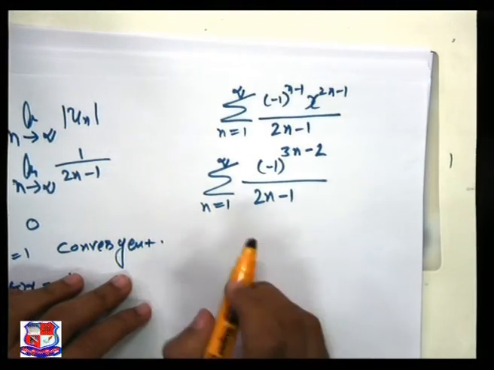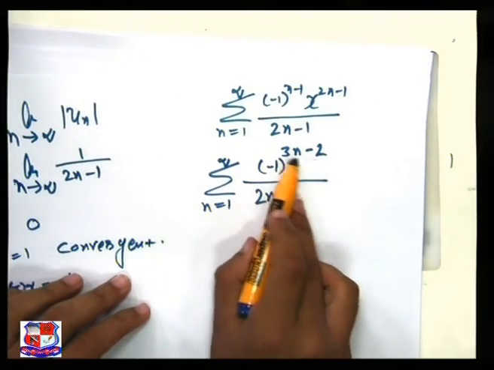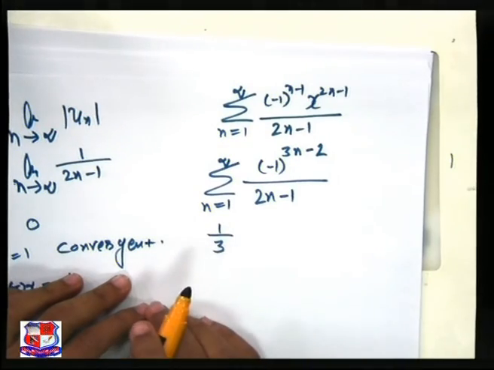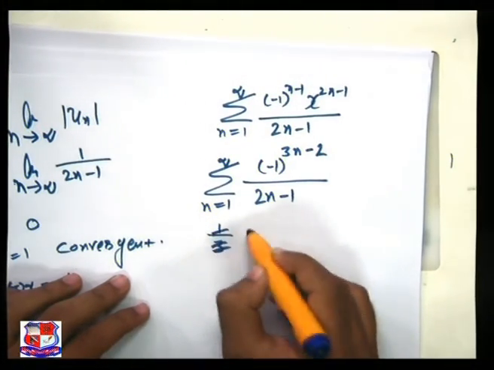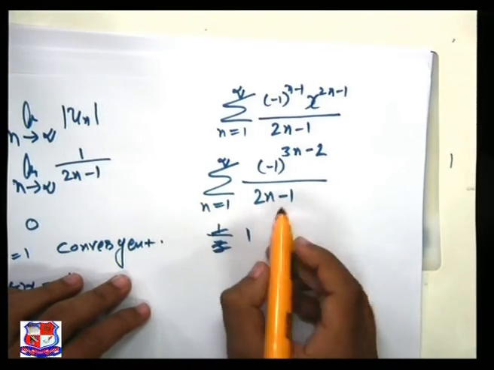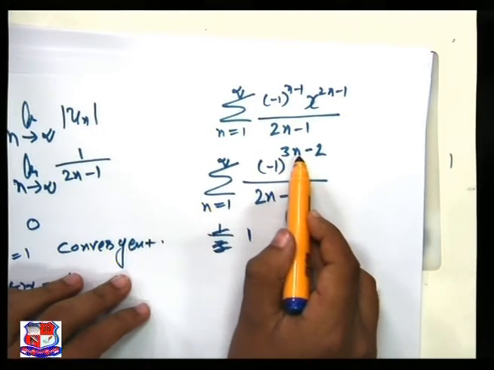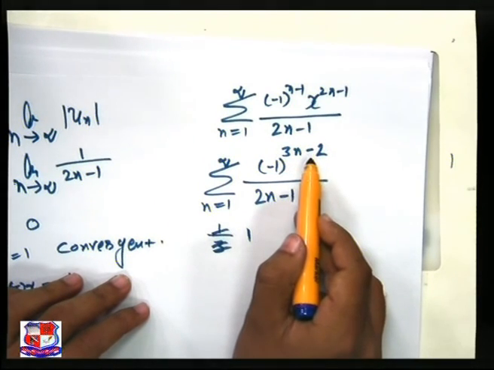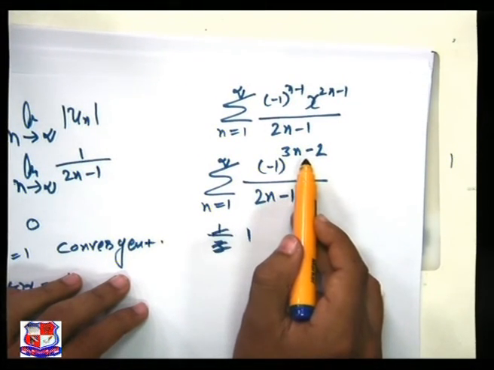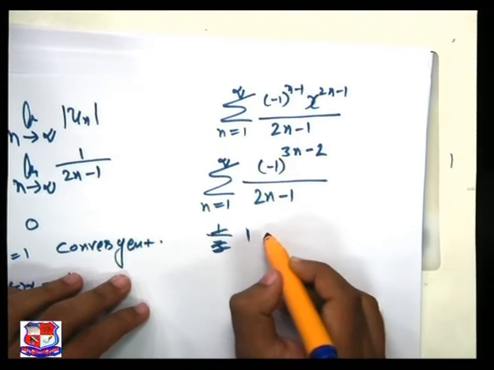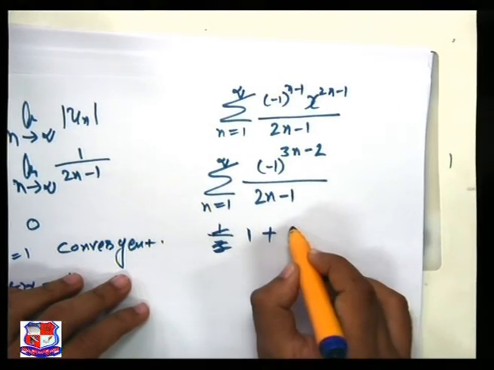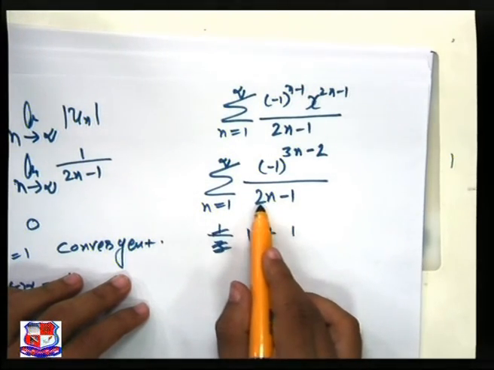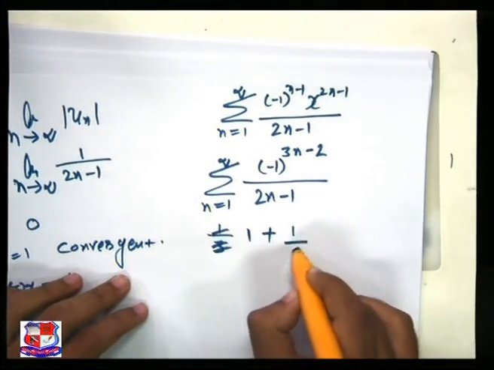Now take n is equal to 1, so you will get 3 minus 2 is 1, so 1 upon 1, the first term is 1. The second term, take n is equal to 2, so 3 into 2 is 6, 6 minus 2 is 4, so minus 1 raised to 4 is 1, right. So plus 1 upon, when n is equal to 2, 2 into 2 is 4, 4 minus 1 is 3, so 1 upon 3.